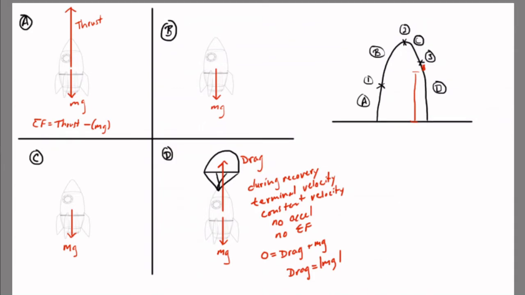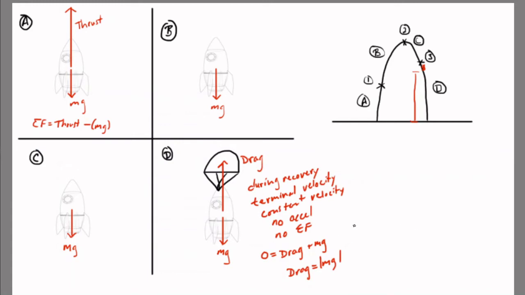Okay, quick little disclaimer here. I realized that I changed my notation from the beginning to the end, from A to D, and there's a reason for that, but I should be consistent. So here we had thrust, it's plus mg, but mg is in the opposite direction as thrust, so I put the negative sign there. That's still true here.